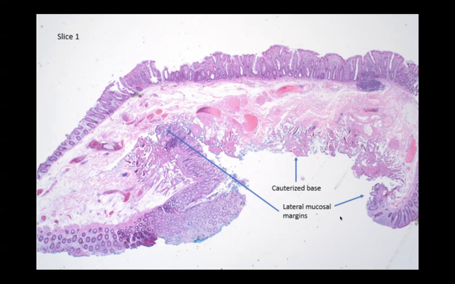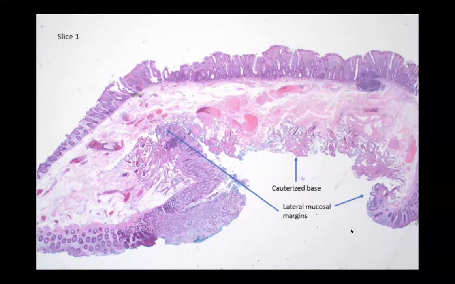So the tissue is folded. If it is a big piece of tissue, the mucosal pieces will always get folded, right? Unless you pin it on a cork board, but usually you would do that for an ESD, not for an EMR. And so it gets a little folded, and if there was an invasive tumor here, it becomes a little hard to assess the margins.